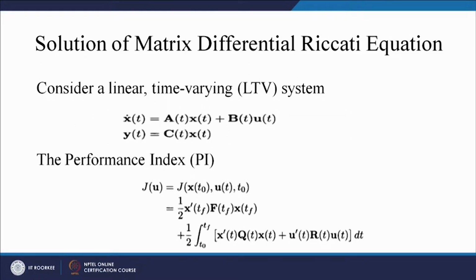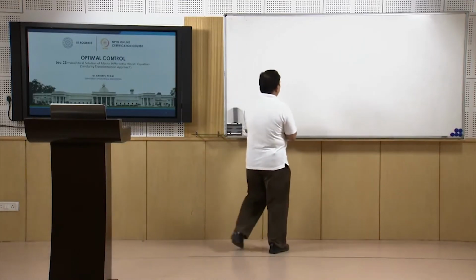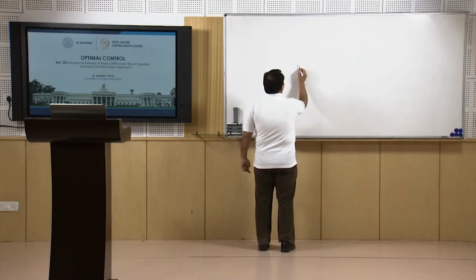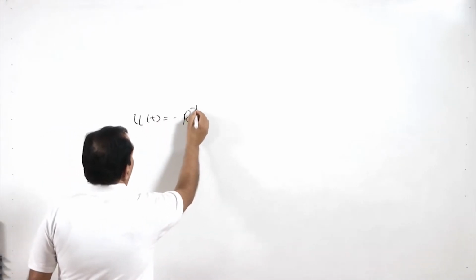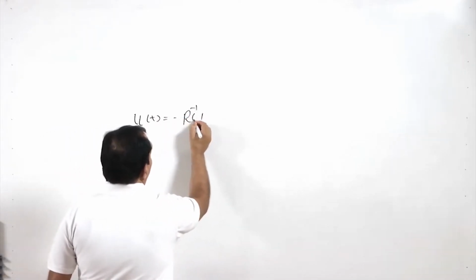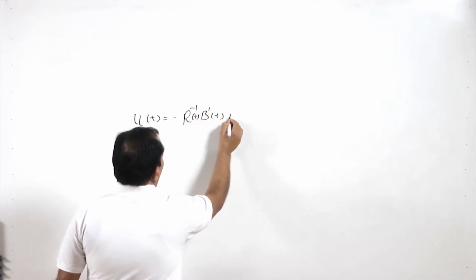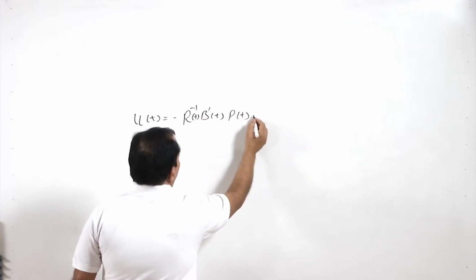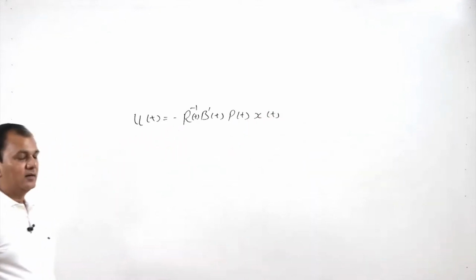So, u(t) we determine as minus R inverse(t) B prime P(t) x(t).